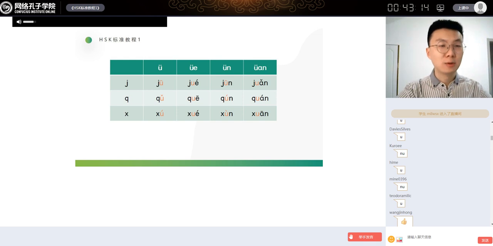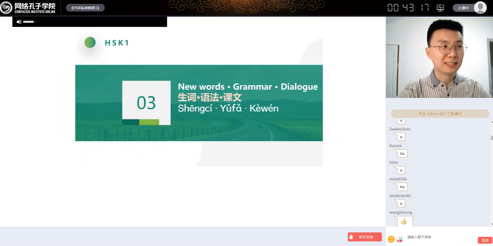Okay, these are pinyin knowledge we learned today. Now we will focus on grammars and new words.